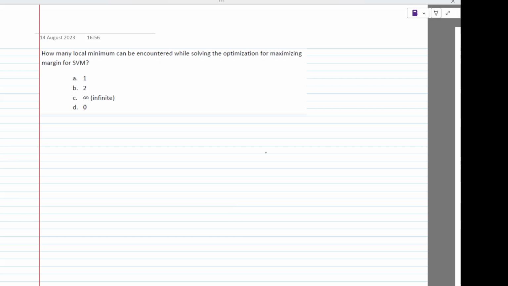If you have some data points which are assumed to be linearly separable, then our SVM finds a hyperplane which maximizes the margin between the two classes. So this is our separating hyperplane, and this is the margin.